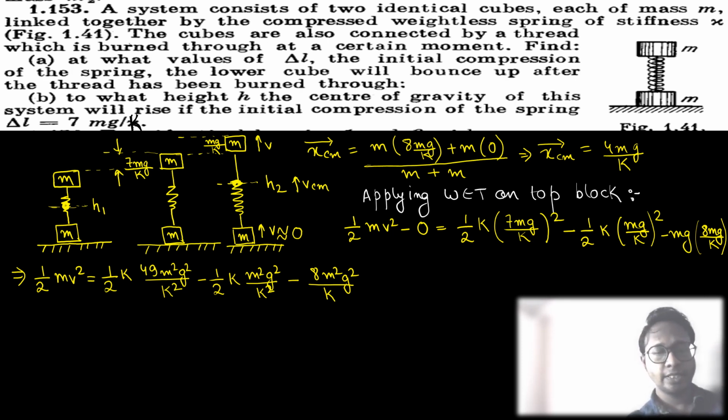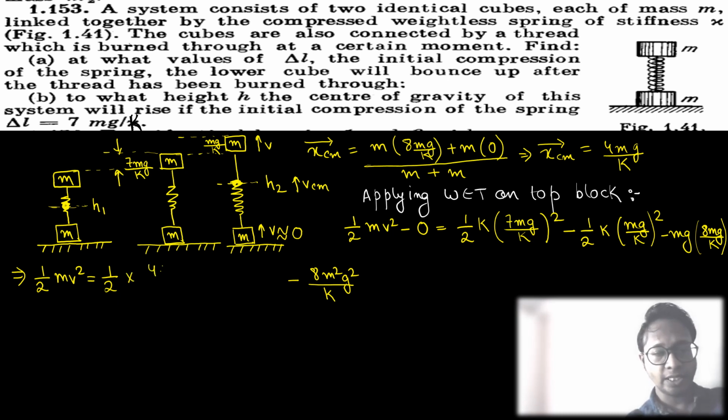Now see, k and k square would get cancelled. So this is nothing but 49 minus 1, half into 48 m square g square by k.